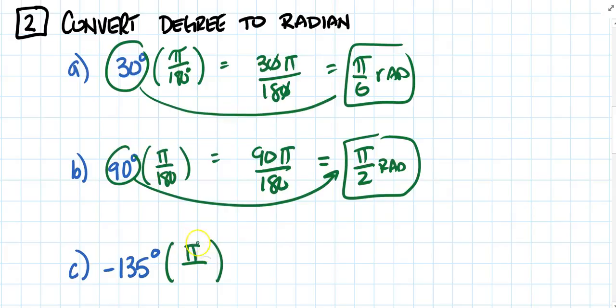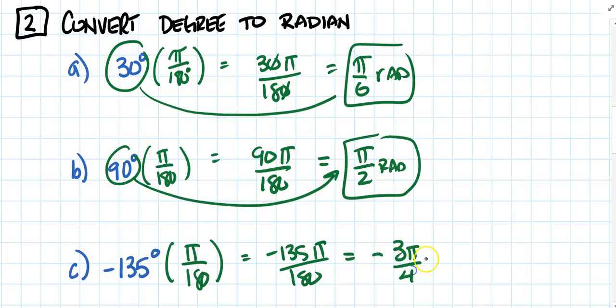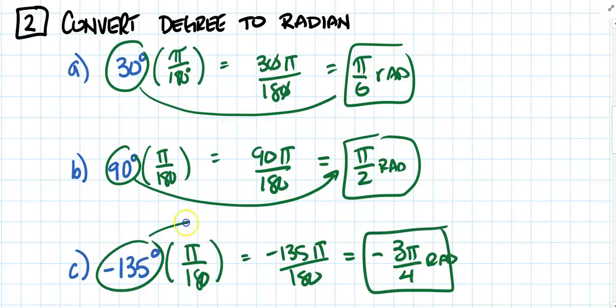I'm going to multiply it by my conversion factor of pi over 180, and that's going to give me negative 135 pi over 180. I simplify my fraction, and I end up with negative 3 pi over 4 radians. So the equivalent of negative 135 degrees is negative 3 pi over 4 radians.